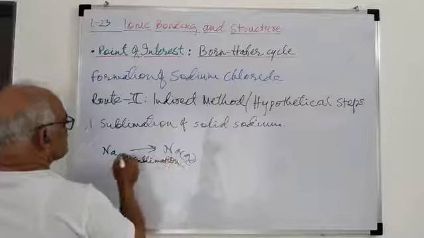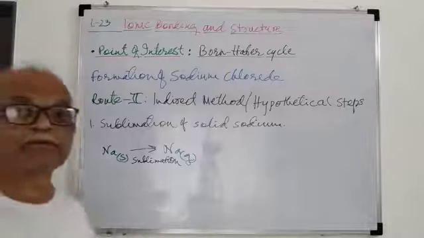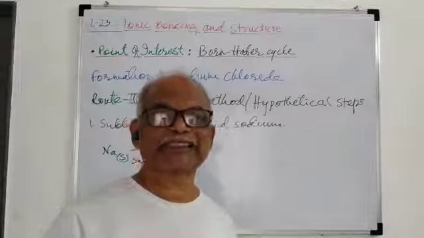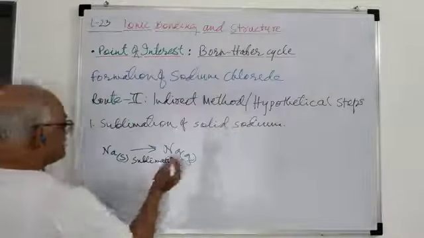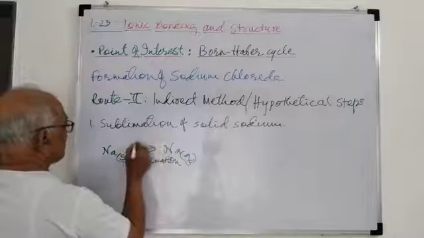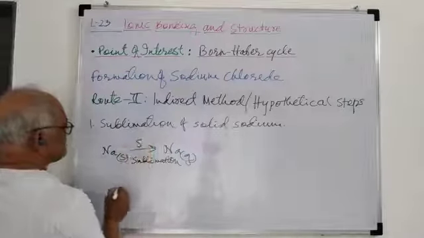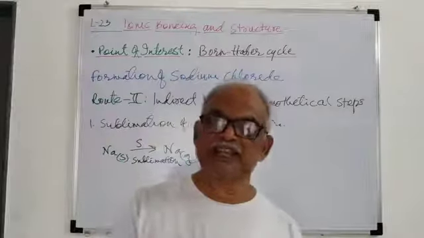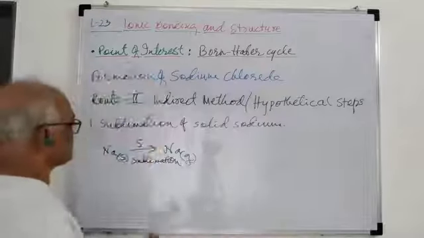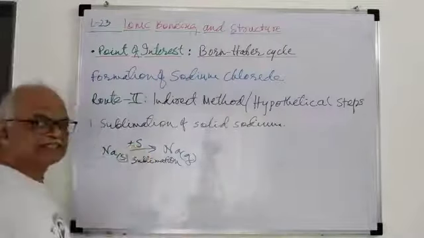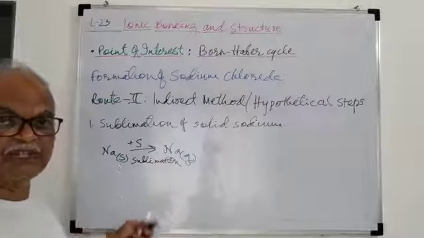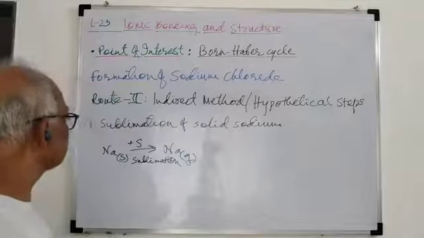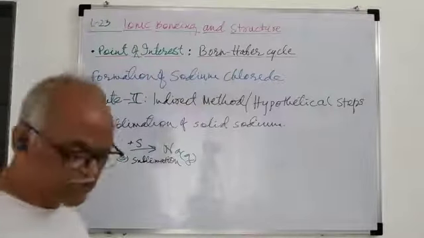This will show the requirement of some energy. Sublimation means heating the solid to form its vapor state or vapor phase, that is gaseous state. So it will require some energy, and it is called S, that is sublimation energy. This process needs some energy, or we are supplying energy for this process. So it is S plus, that is, the sign is positive because energy is added to the system. So this is the first step, that is sublimation of solid.